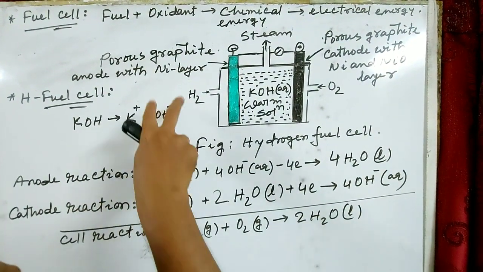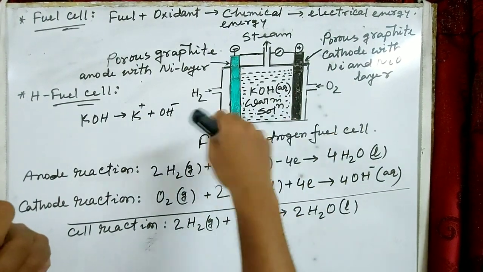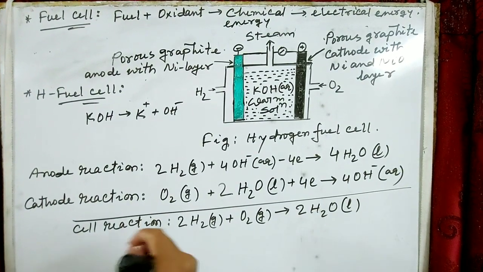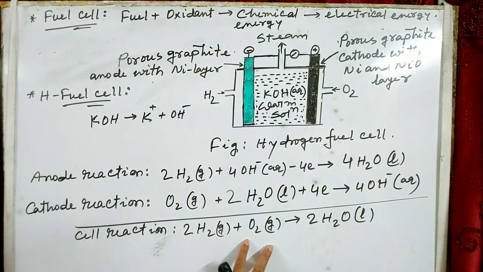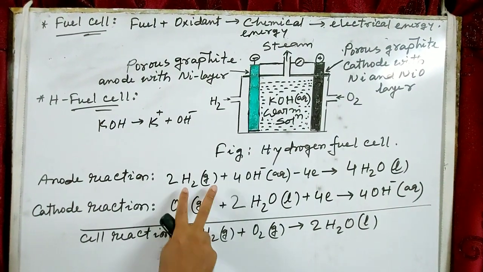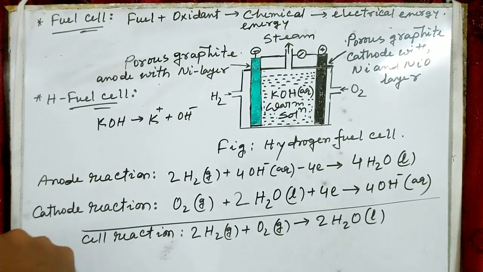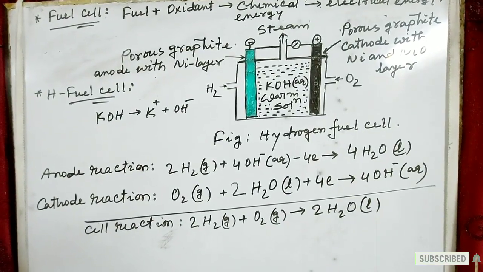It is stated that at the anode nickel, and at the cathode nickel and nickel oxides, are used as catalyst, and they accelerate the rate of the cell reaction, and also the rate of the anode half reaction and cathode half reaction. That's all about the hydrogen fuel cell.